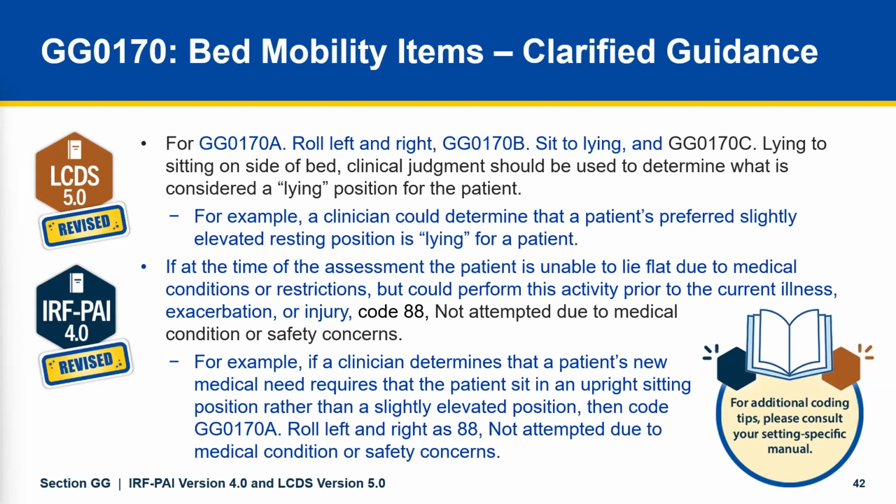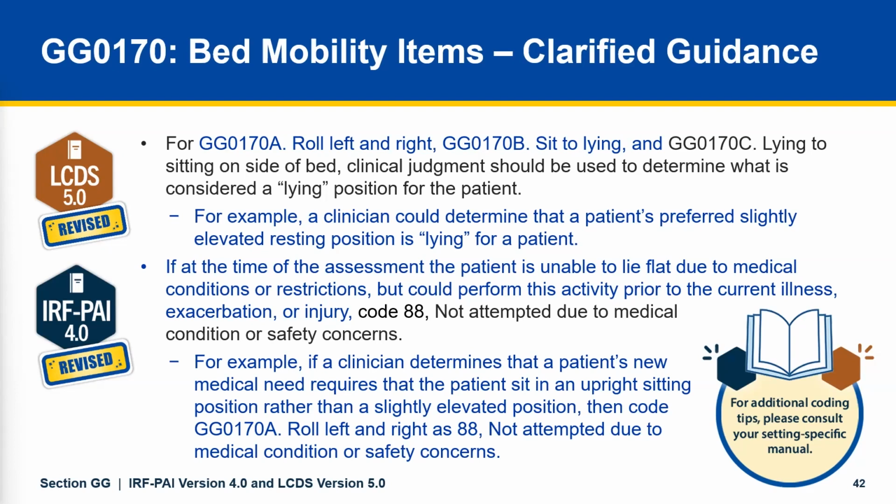If they do determine it to be lying, then the clinician could still code any of these 3 items with a performance code. However, if at the time of the assessment, the patient is unable to lie flat due to medical conditions or restrictions, but they could lie flat prior to the current illness, exacerbation, or injury, then this should be reflected with a code 88, not attempted due to medical conditions or safety concerns.